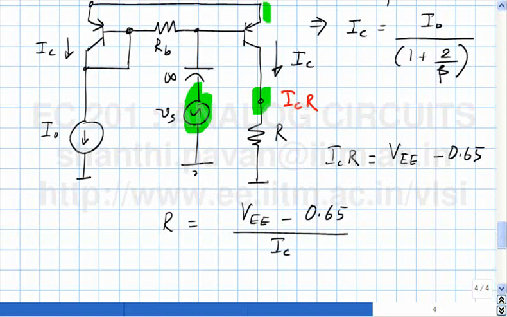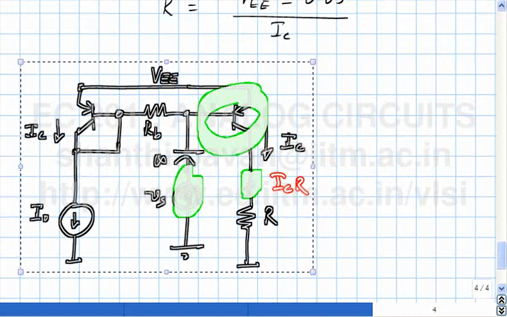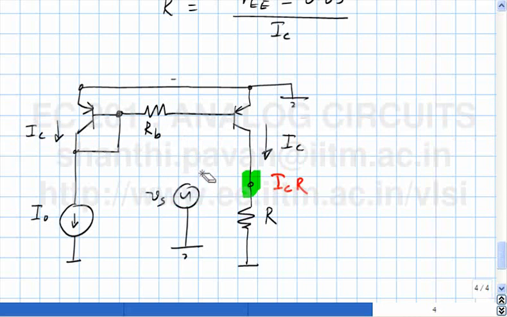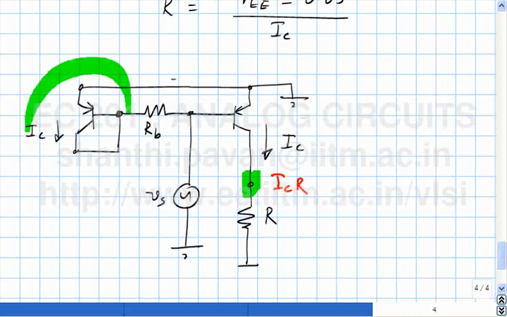So what will be the incremental equivalent circuit of this? I replace every transistor by its incremental equivalent. So VEE will go to ground. This capacitor will go away. This current source will go away. What is the incremental equivalent circuit of this? We have done this many times. What is this? 1 over gm, very good.